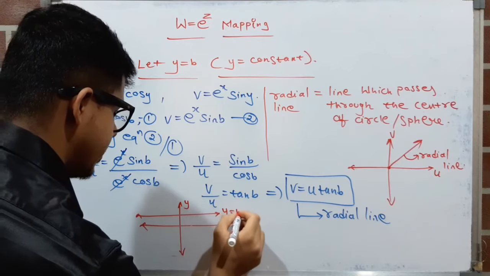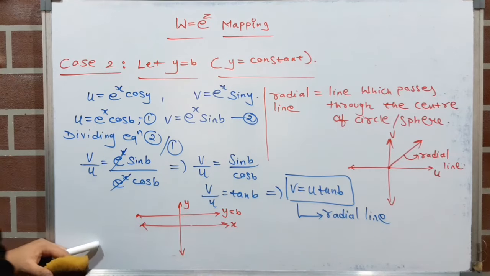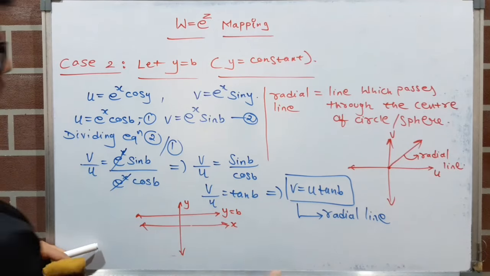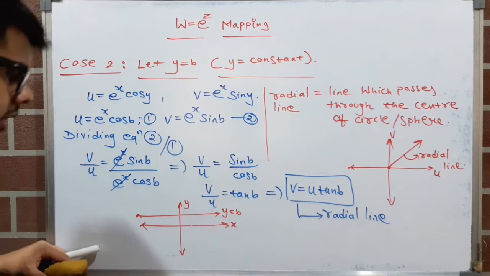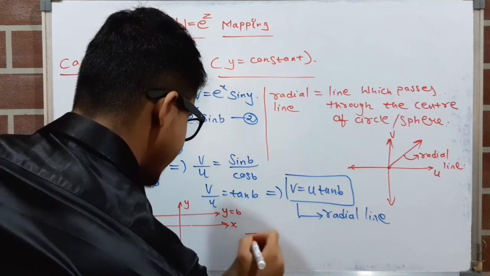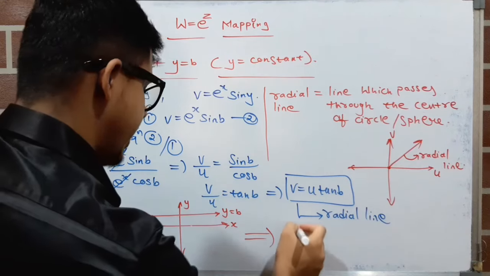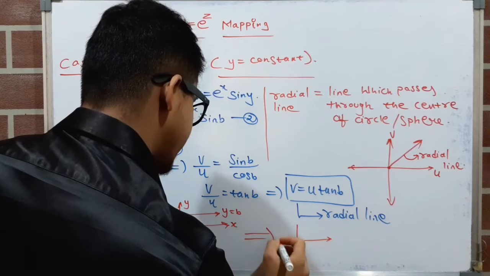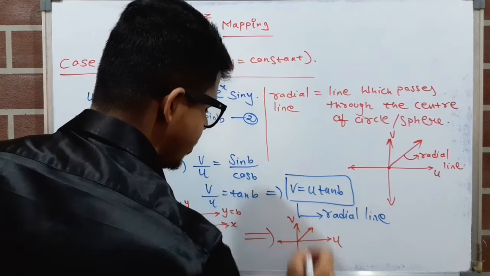It can be on the downward side also. For the time being we assume that b is positive. This line is mapped into the radial line in the w plane, that is the uv plane.